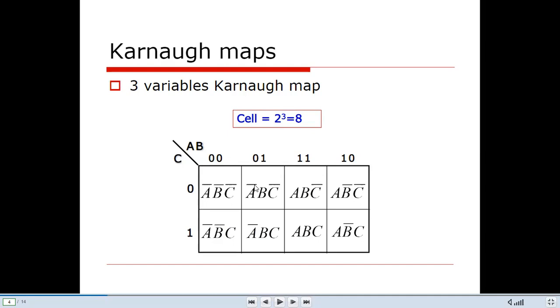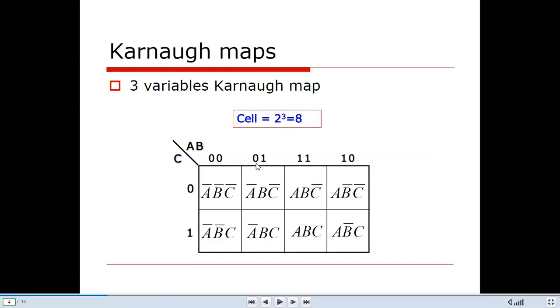All these are the 8 cells. In SOP form, it can be written as A bar B bar C bar, A bar B bar C. Where there is a 0, we write the bar, and where there is a 1, we write the simple variable.